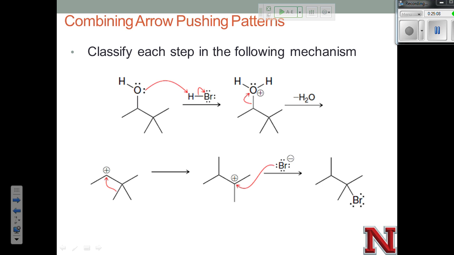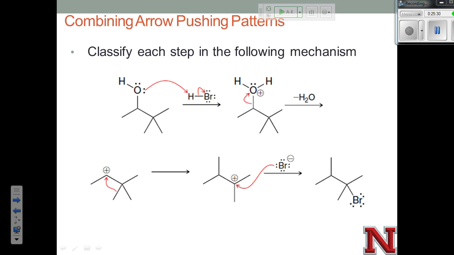This negative charge isn't a negative. That's why I say circle your negative and positive charges. This is a minus, meaning water is leaving. Sometimes you'll see that. You don't have to draw it like this, but to avoid confusion, always circle your formal charges. Okay, it's very clear that this is a formal charge.